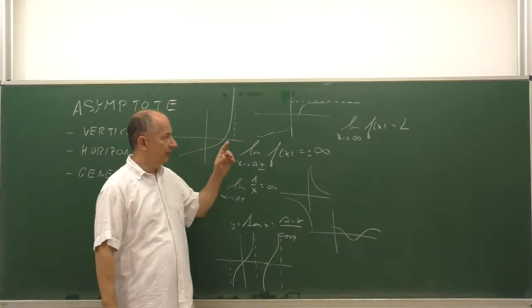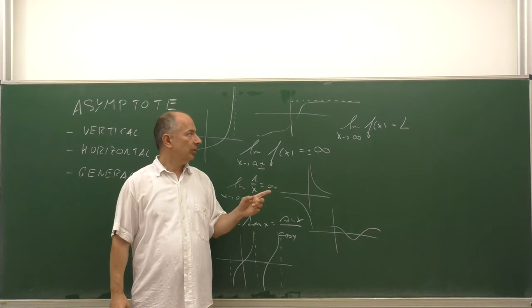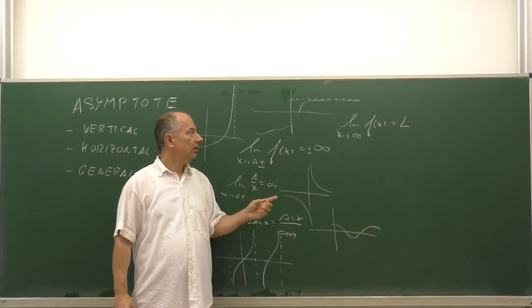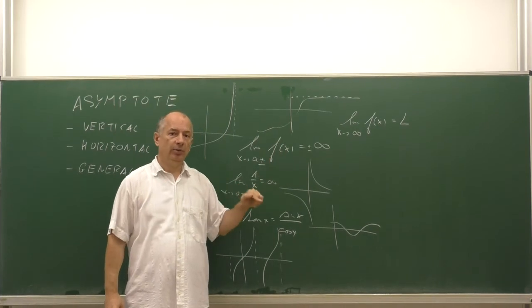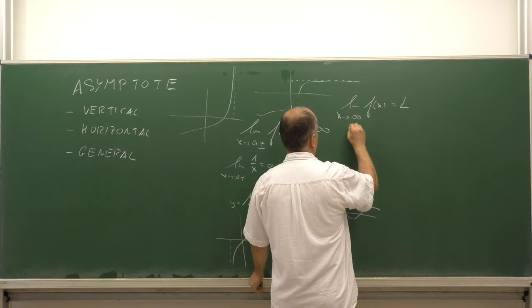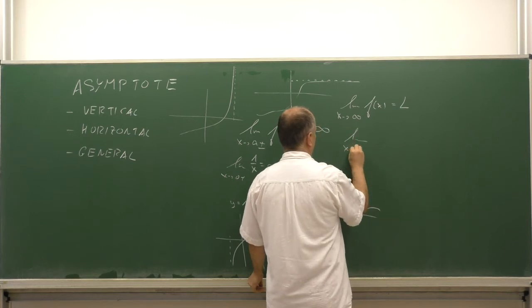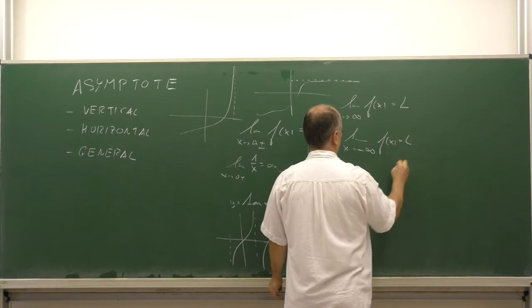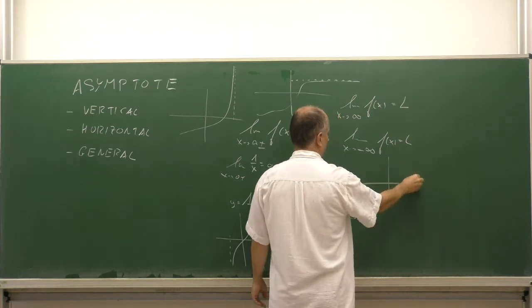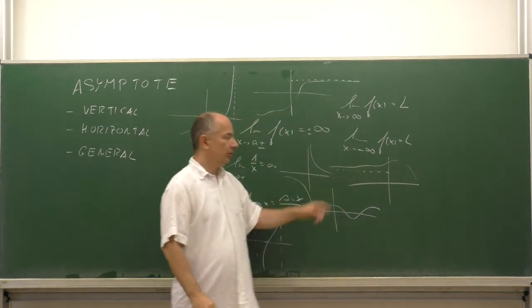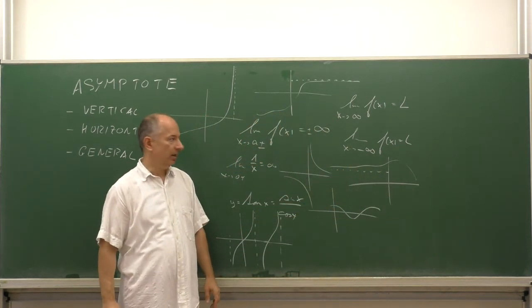So we have a finite, that means proper, limit at an improper point. Or we can have the limit for x approaching minus infinity, and then it looks like that, the graph approaches this horizontal line.